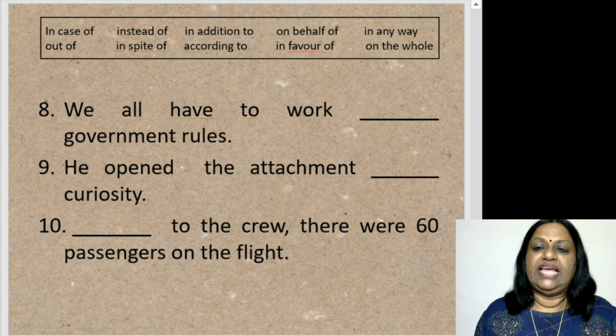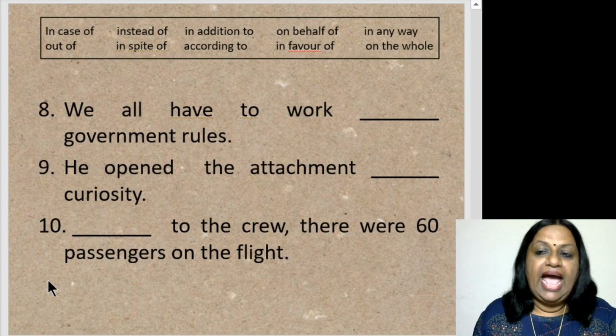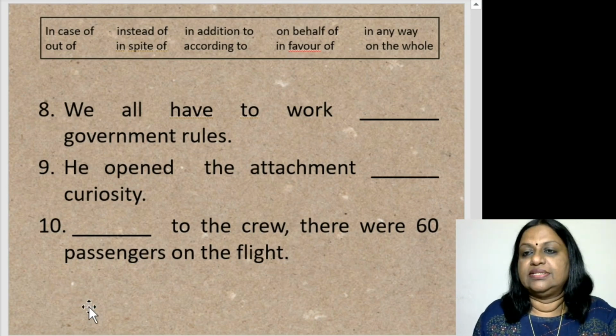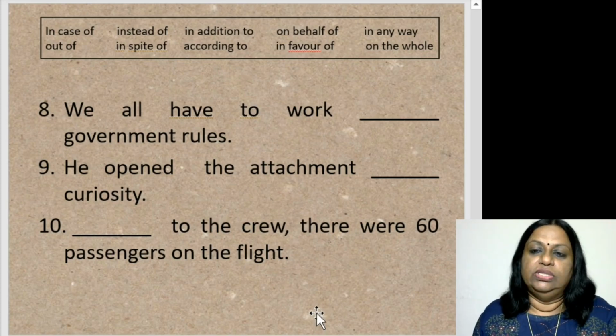Let's move on to sentence 8. We all have to work dash government rules. Let's pick the most appropriate prepositional phrase from here. We all have to work according to government rules.